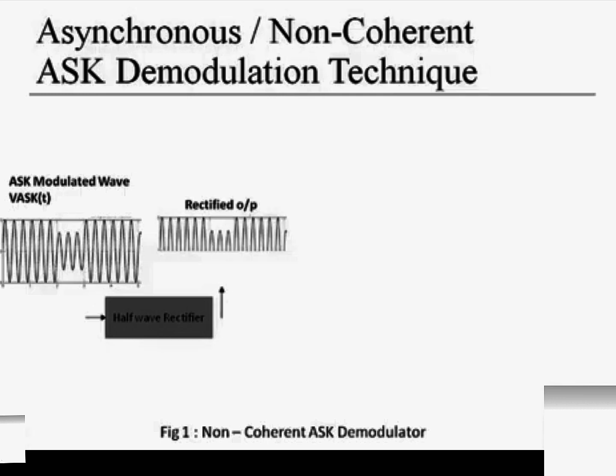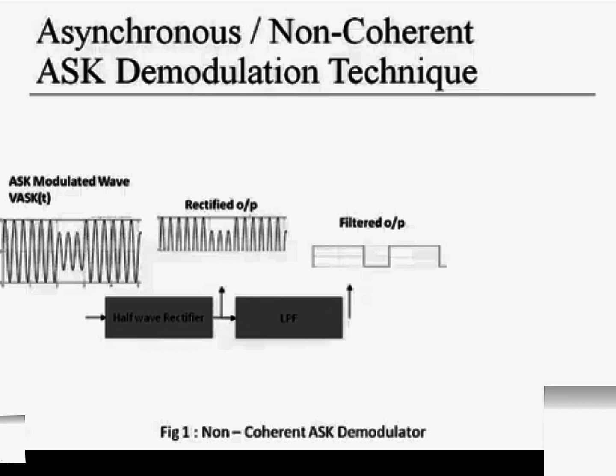The rectified output is as shown. It consists of only positive half-wave outputs consisting of high-frequency components. In order to smooth the signal, this rectified output is further passed to a low-pass filter to suppress the high-frequency components, giving rise to an envelope-detected signal as shown in the figure.